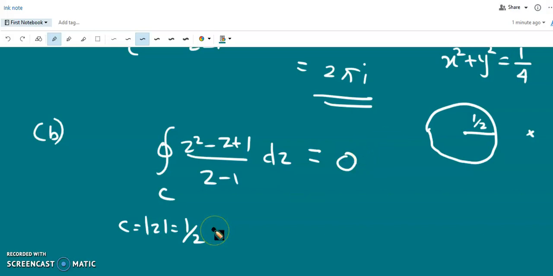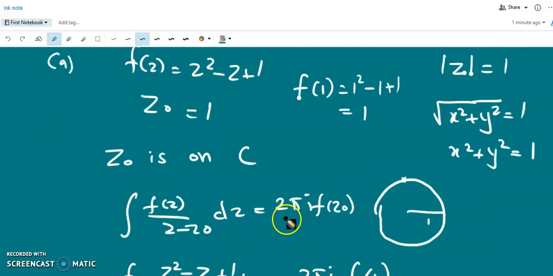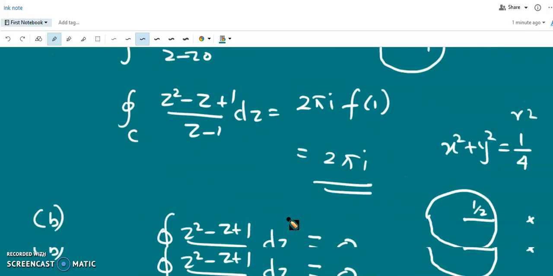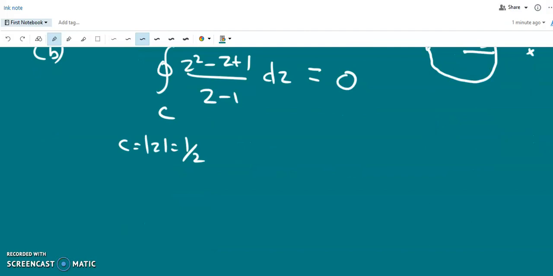So we have to draw the contour first and determine whether the point z0 is inside or outside the contour. If it is inside, we can use Cauchy's integral formula. If it is outside, we can use Cauchy's integral theorem. So now we can do another problem.